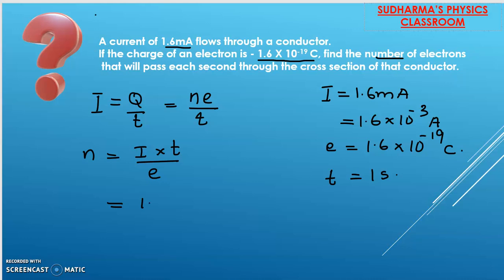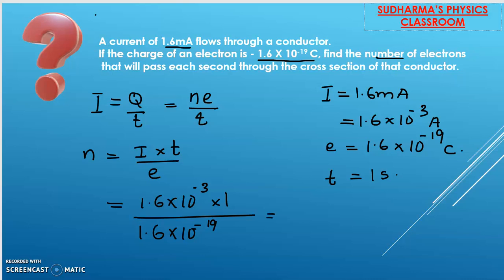I is 1.6 into 10 power minus 3. Make sure you are writing the value in SI unit. Time is 1 second, divided by the charge of an electron, that is 1.6 into 10 power minus 19. So here 1.6 and 1.6 cancel. Then it's going to be 10 power minus 3 into 10 power 19, because the 10 power minus 19 in the denominator goes to the numerator.